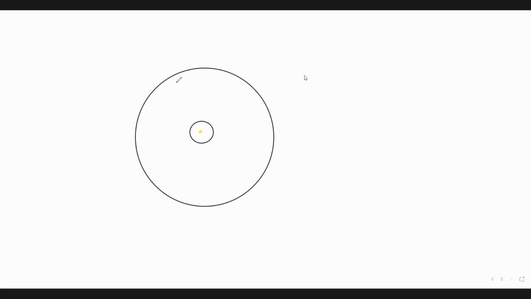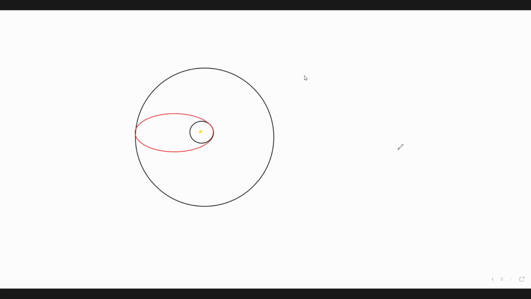That's the transfer orbit. And I'm going to try to draw it. Okay, so this red orbit is the transfer orbit.